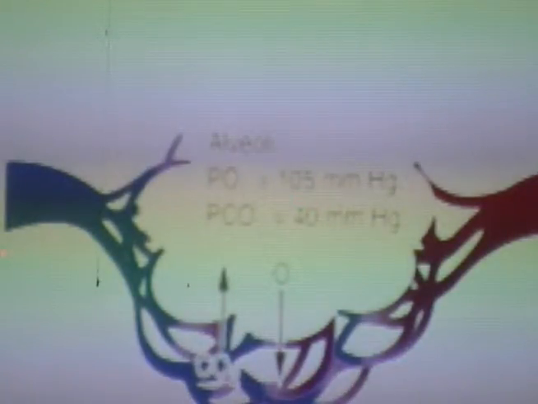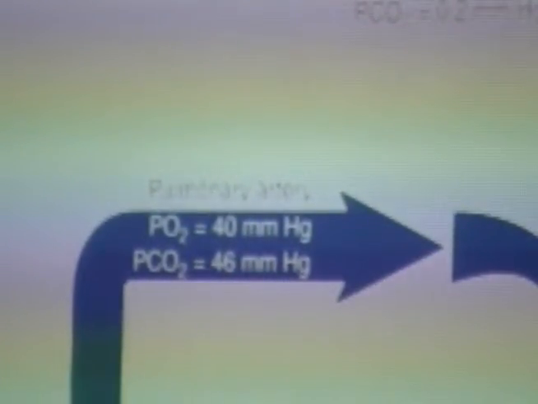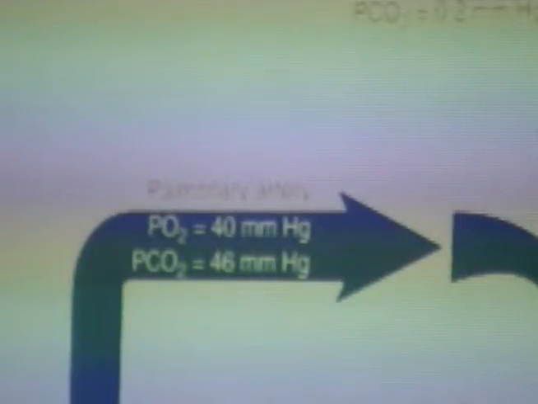And then when we look at the venous blood coming into the lungs from the heart, it's lower on oxygen because it's already been around the body. We've used as much of the oxygen as we needed. So we're only looking at somewhere around 40 in this situation.